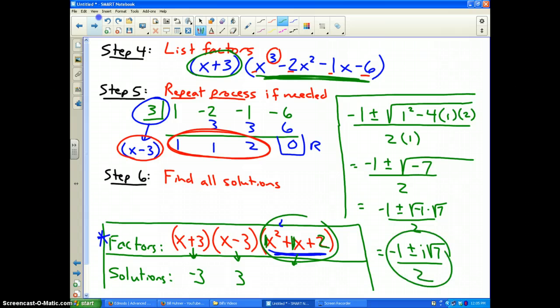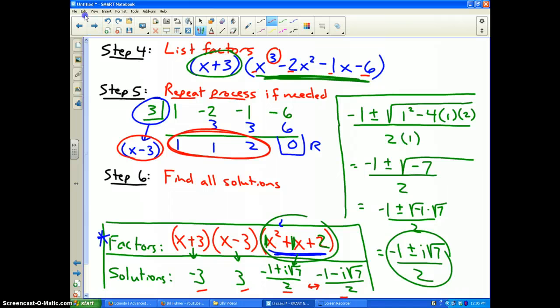And there are your other two solutions, -1 plus i square roots of 7 over 2, and -1 minus i square roots of 7 over 2. There they are, the complex conjugates. They come in pairs. We just talked about it. And I have my 4 solutions to my problem.